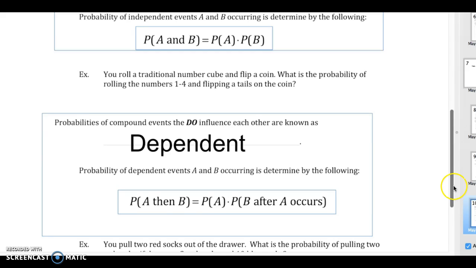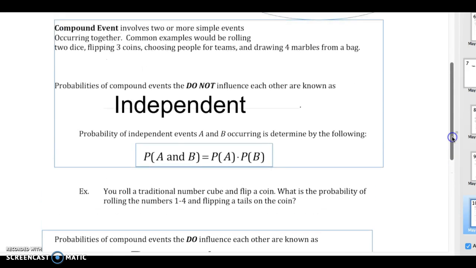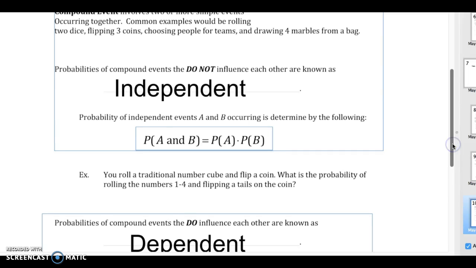So with both of these situations, you're going to multiply the probabilities of the individual events. So if you look at what's the probability of rolling numbers 1 through 4, and then flipping a coin on tails, the probability of the first event, numbers 1 through 4, is going to be 4 out of 6, right?